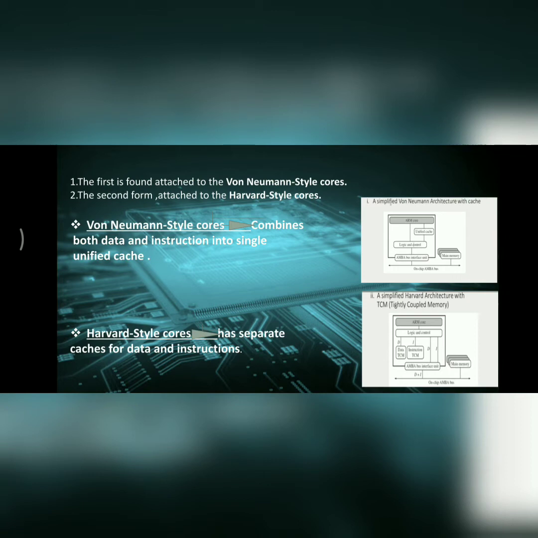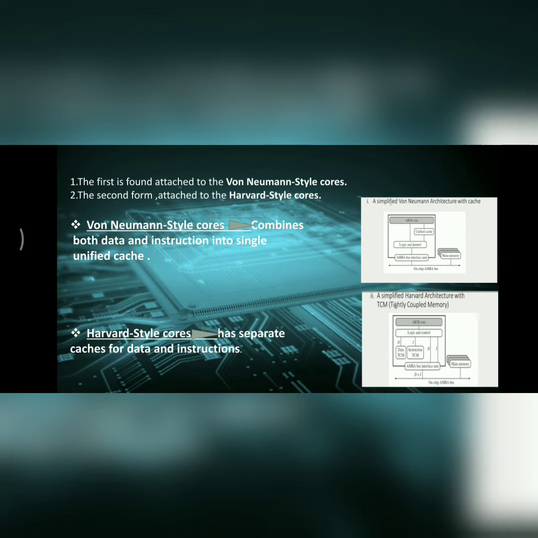The von Neumann style core combines both data and instructions into a single unified cache. The term von Neumann architecture has evolved to mean any stored program computer in which an instruction fetch and a data operation cannot occur at the same time because they share a common bus. This is referred to as the von Neumann bottleneck, and it often limits the performance of the system.